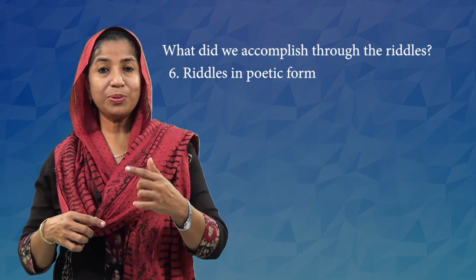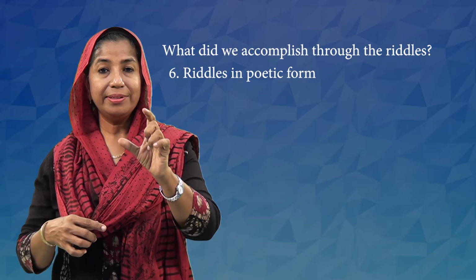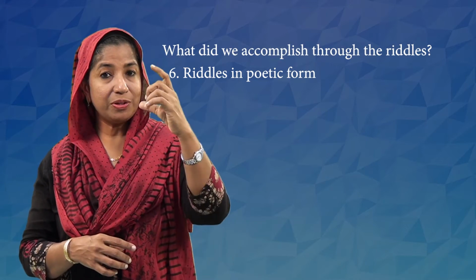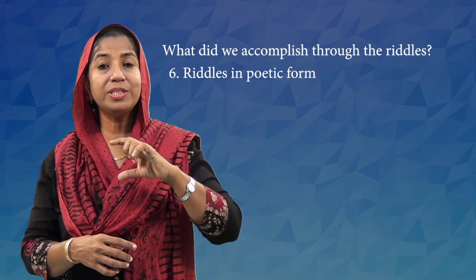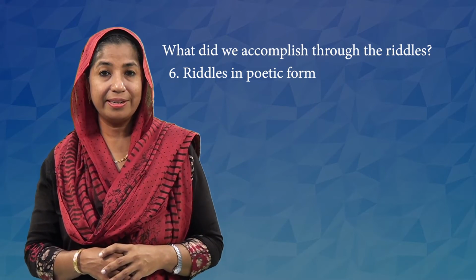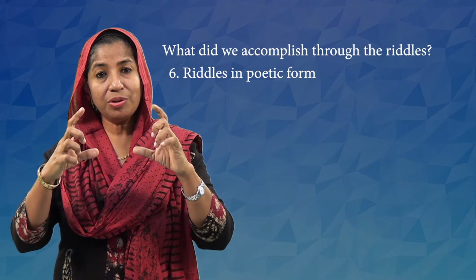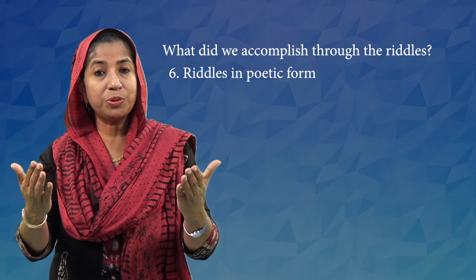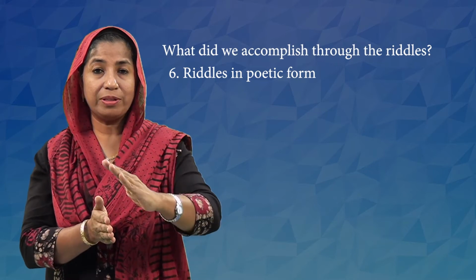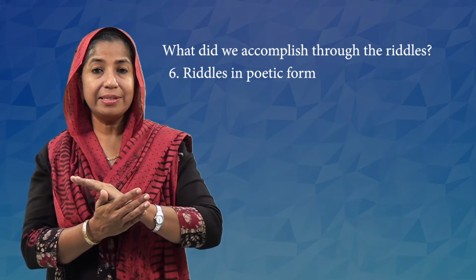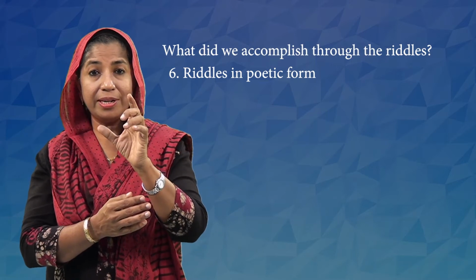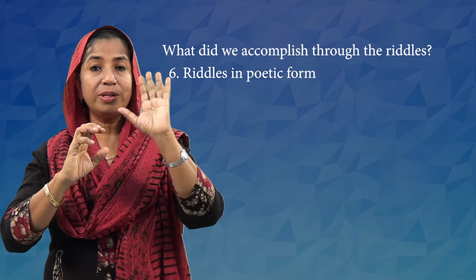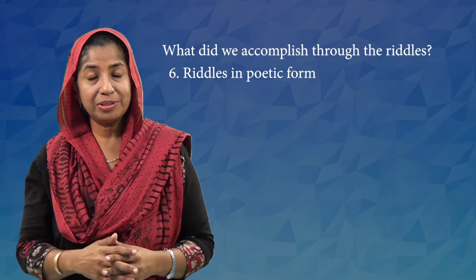We have also shown the children two riddles in poetic structure. One was about a guitar, the other one was the text, the squirrel they were learning. So, the structure of literature or the structure of writing poetry is also exposed side by side, along with analytical skills and vocabulary which we have made them use with the display of synonyms and antonyms.